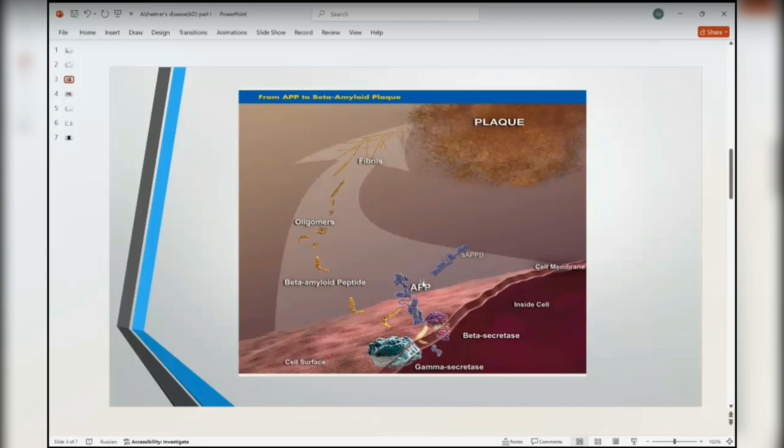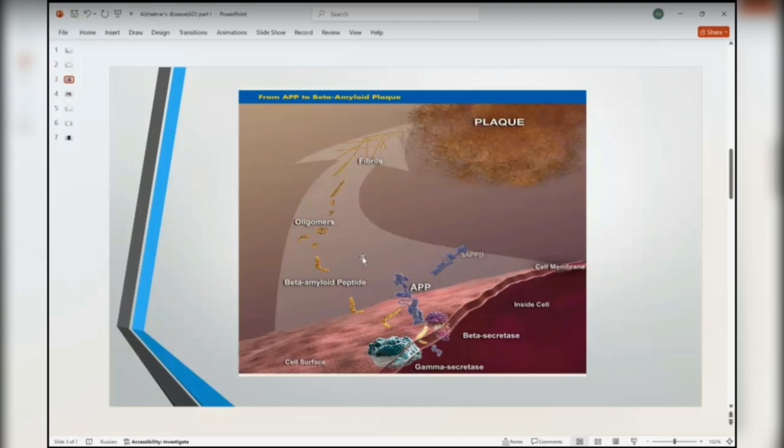Beta secretase cuts APP first, and gamma secretase further processes the remaining segment to release beta amyloid peptides. And here is the beta amyloid peptide.